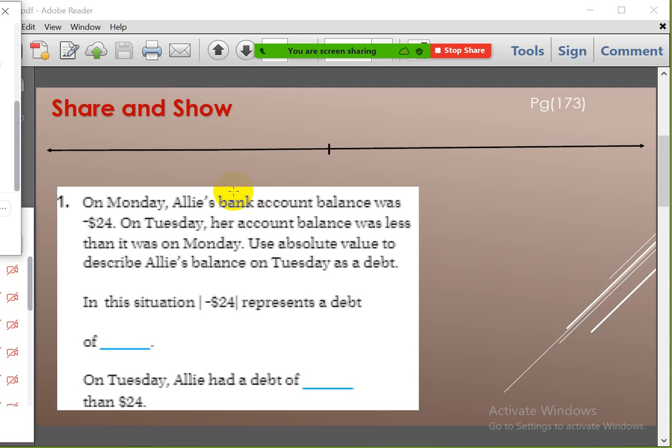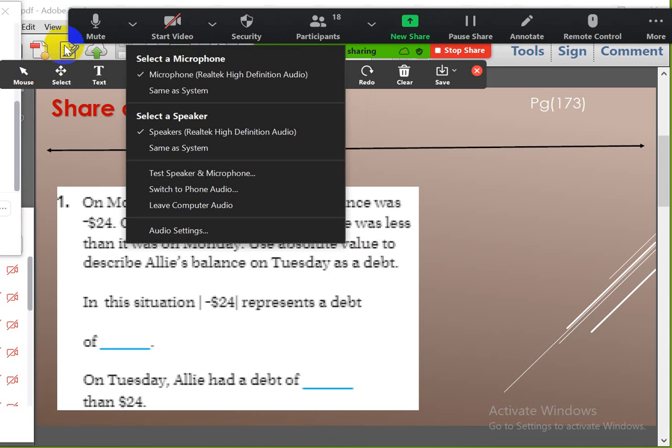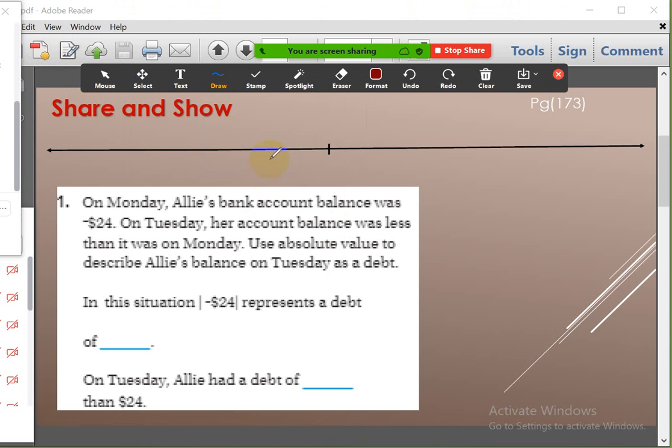So let's see this. This is a problem. Okay, so let's read this problem. On Monday, Ali's bank account balance was negative $24.